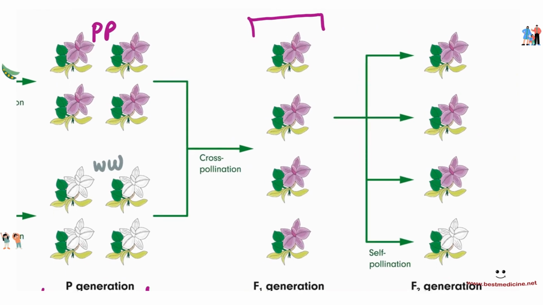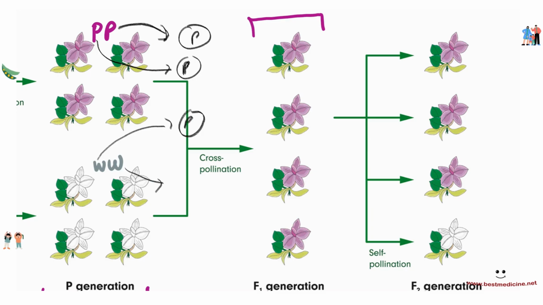So when they make gametes, either this chromosome becomes part of the gamete or that one does, and each still codes for purple. Oh, sorry, this should be W and this should be W.